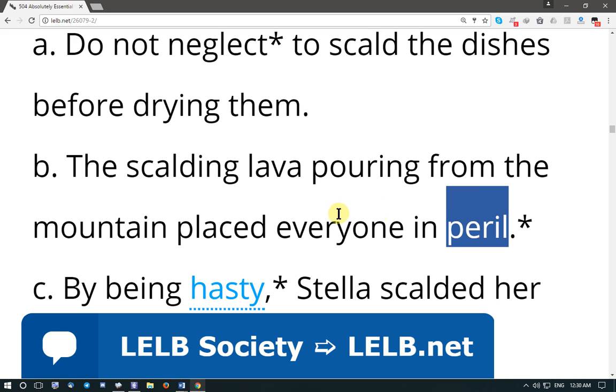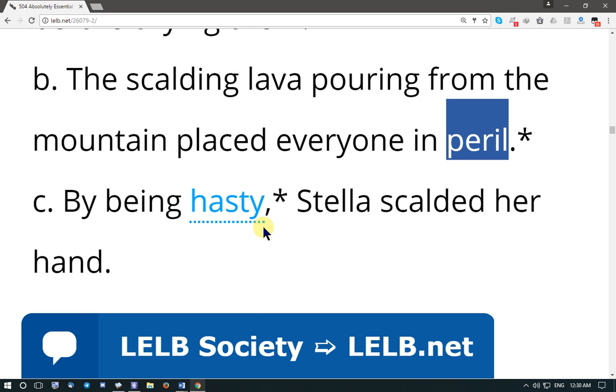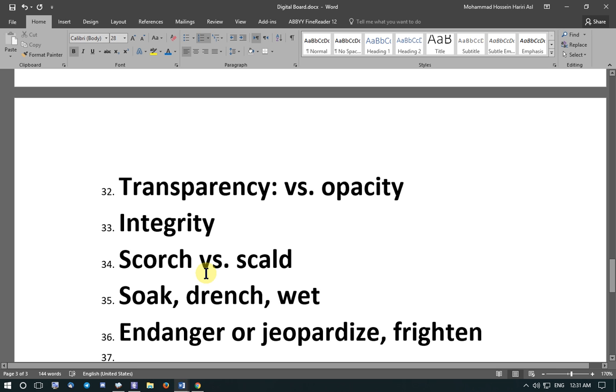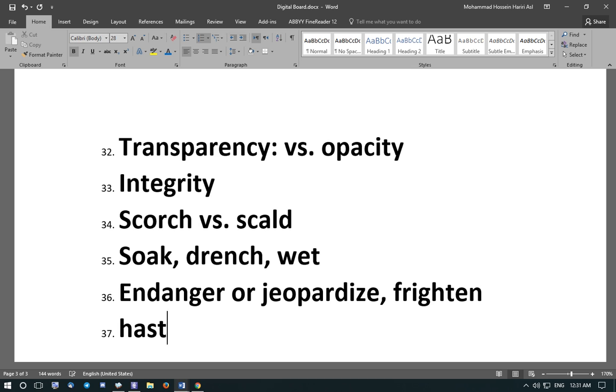By being hasty, Stella scalded her hand. So Stella was hasty, in a hurry, and therefore she scalded her hand. In English we say haste makes waste. Not always, but generally yes.